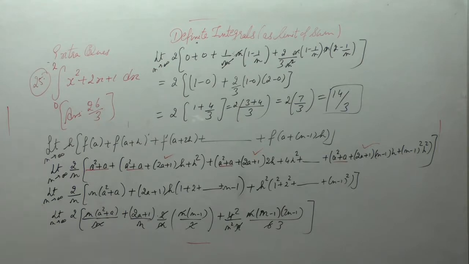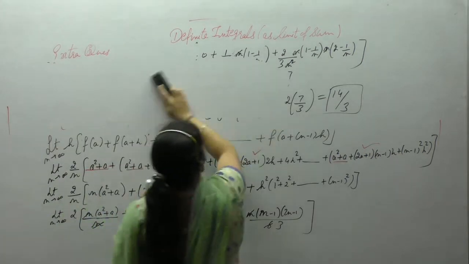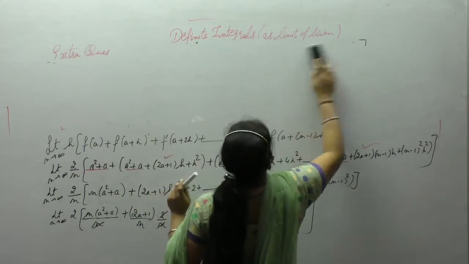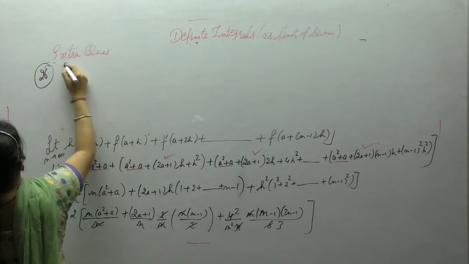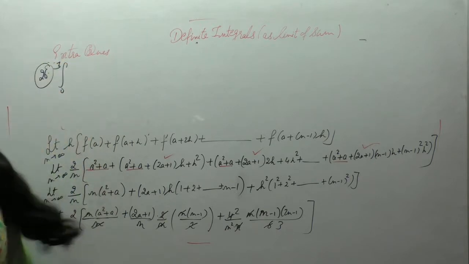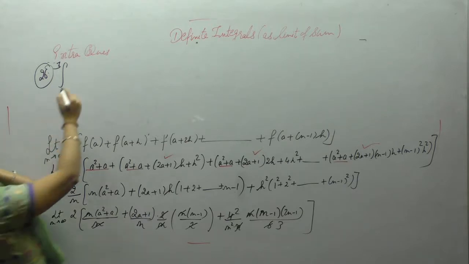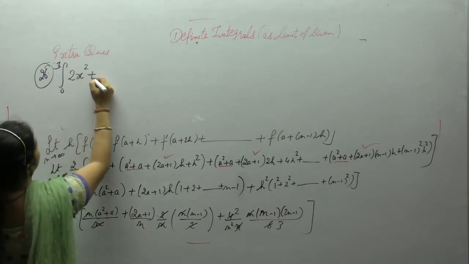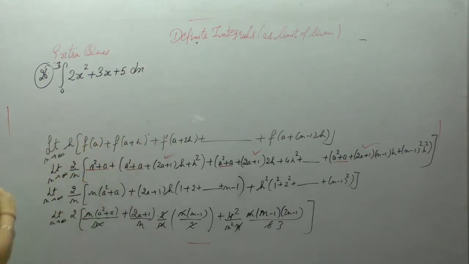Now the next one is the integral from 0 to 3 of 2x square plus 3x plus 5 dx.